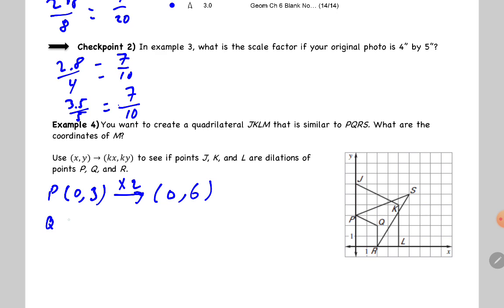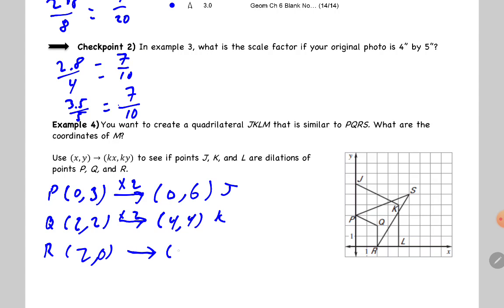Q, that's 2, 2. And K, this is J, this is K. That became 4, 4. So that is indeed times 2. R is 2, 0. So I'm just comparing the two coordinates here after its transformation.